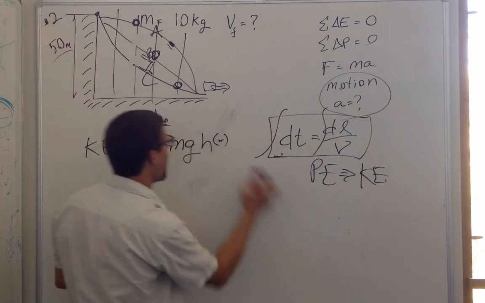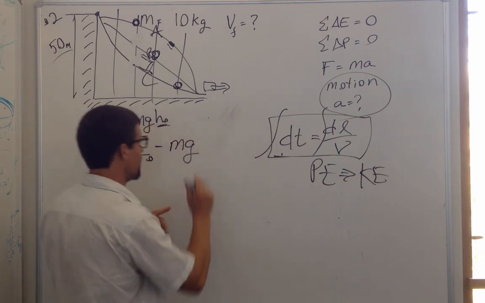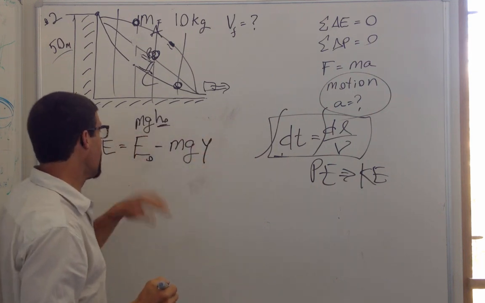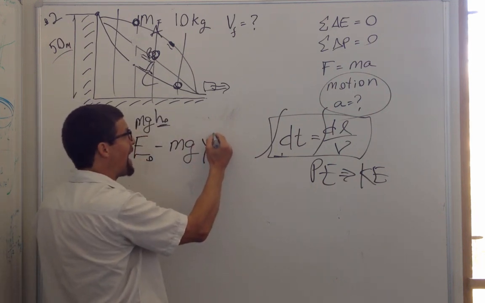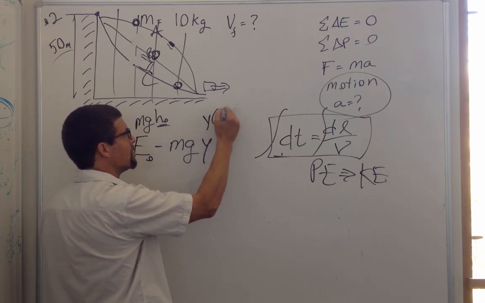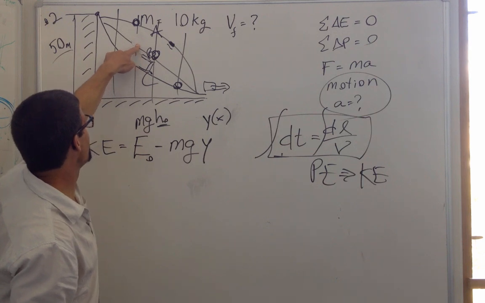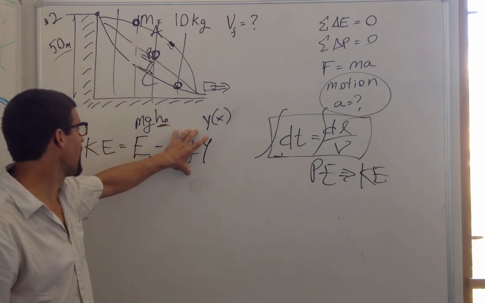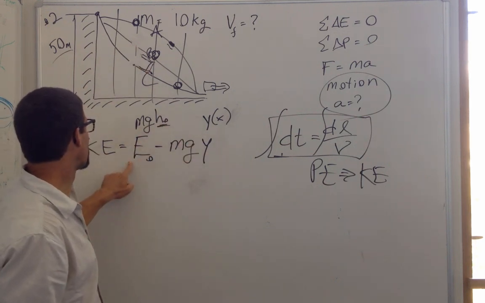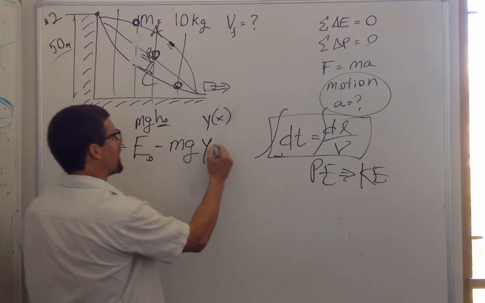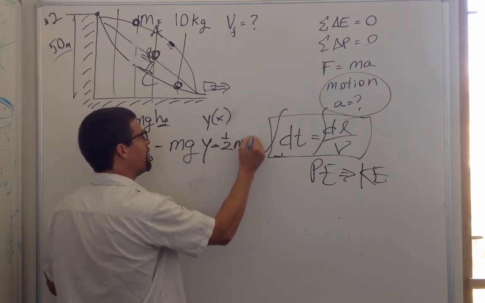So I'm going to change that height to y. So now I know, and again, this is y as a function of x. So at any given spot, I can find my height. That will tell me the potential energy I have left. This will tell me the total kinetic energy I have, and I know that's equal to 1/2 mv squared.